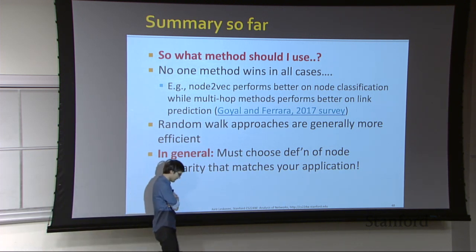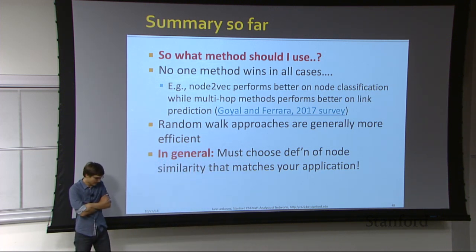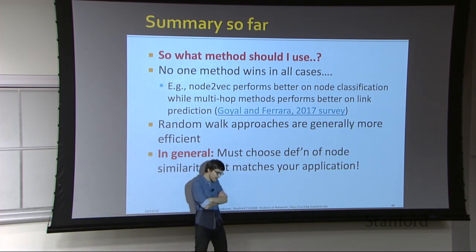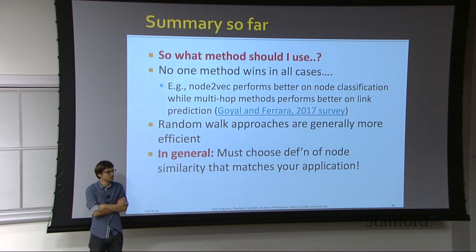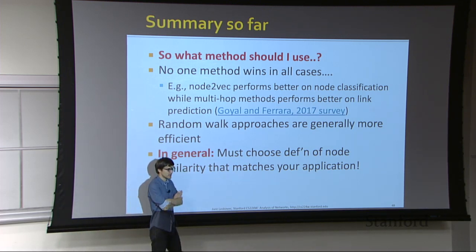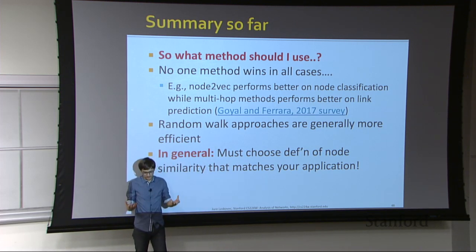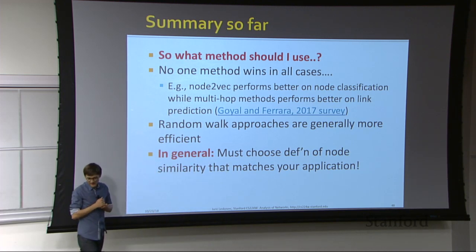It's a good question, right? So the question is, why would you want to do things in a task-independent way? There are several reasons why you want to do this. Sometimes you don't know what the task is. Sometimes you don't really care so much about the task as you care about capturing the structural information of the network, right?